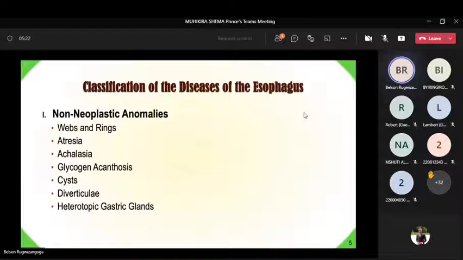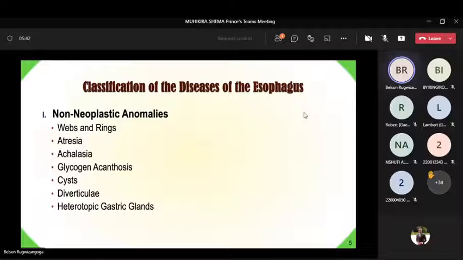And then we have inflammatory conditions, which include infections. And then we have tumor-like lesions, which are not a tumor but look like tumors. Then you have neoplastic diseases, among which we have benign tumors and malignant tumors or cancers.